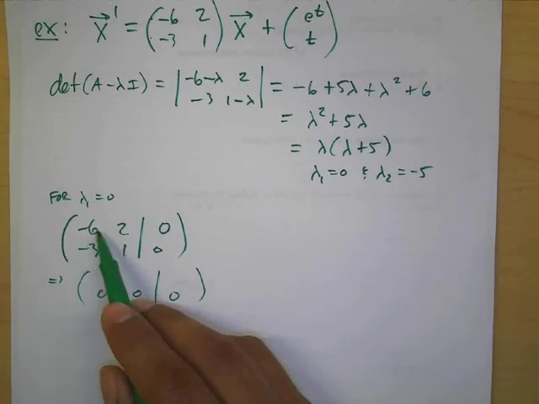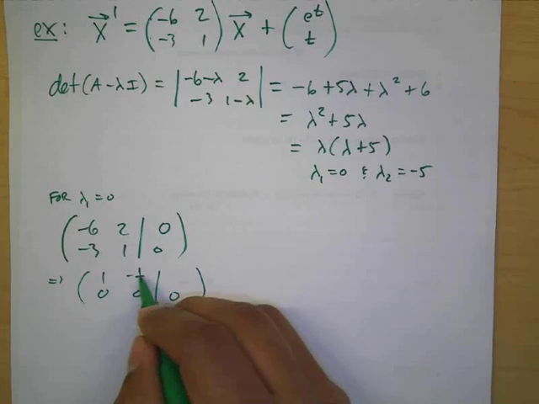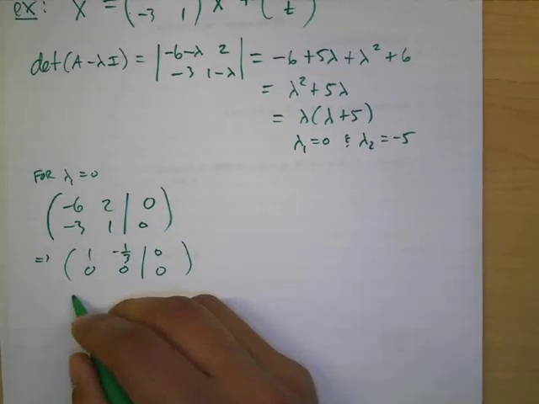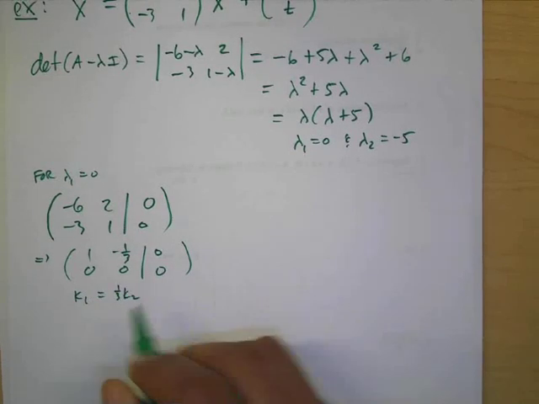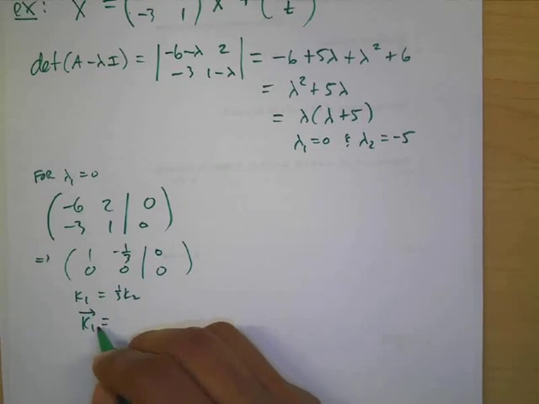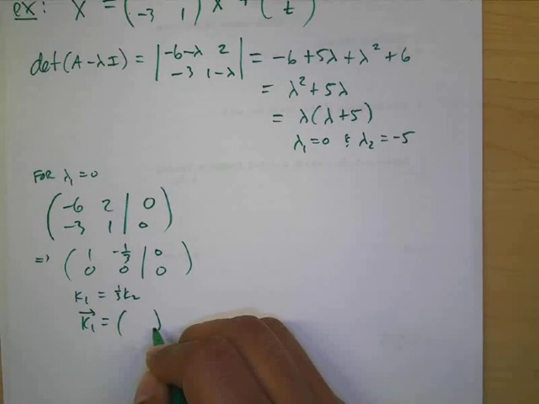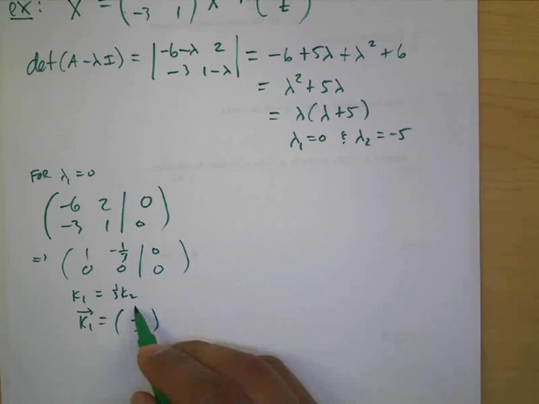Eliminating the bottom row and multiplying by negative a sixth gets you the usual 1, negative a third, 0. So k1 will equal 1/3 times k2. One choice for an eigenvector would be 1 and 3. If you do 3 up here, this would have to be a 9 for k2.